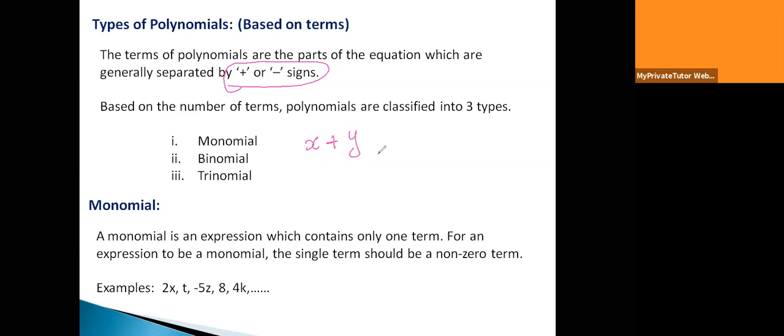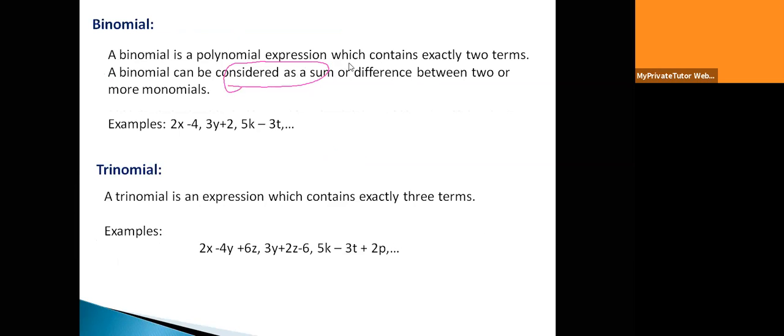So if we have only one term, then it is nothing but a monomial. So if we have only one term in an expression, it is called a monomial. Okay. If we have two terms, then it is a binomial.